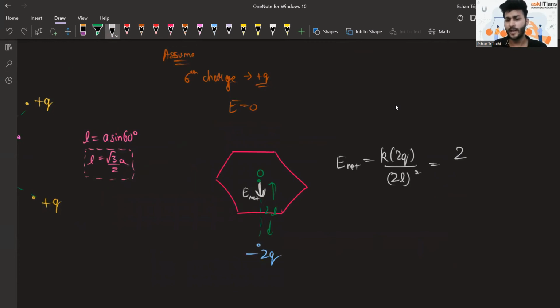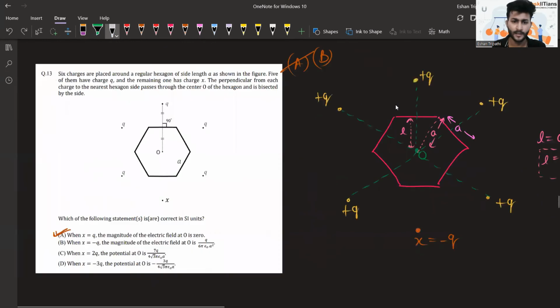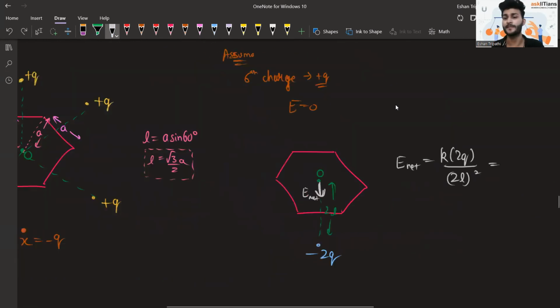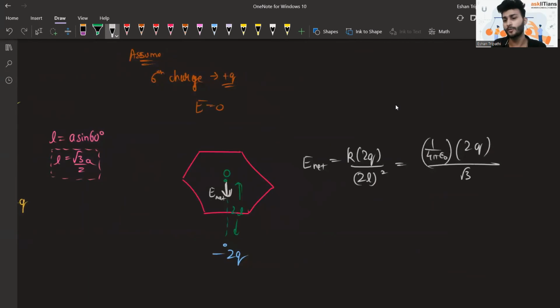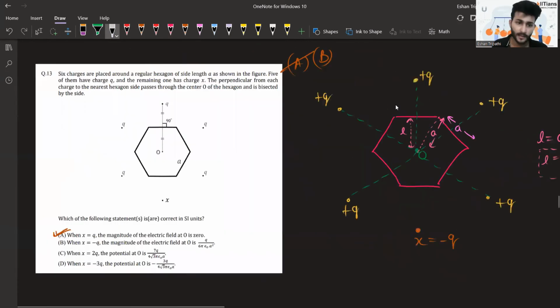In the question, you can see it was given in form of pi epsilon naught, so K I will write as 1 upon 4 pi epsilon naught. Charge I will write as 2Q, 2 into L. L was root 3 by 2 A. So root 3A whole square. When you do the calculations, it will actually come out to be Q upon 6 pi epsilon naught A square, which is actually the B part. So B part also is correct.